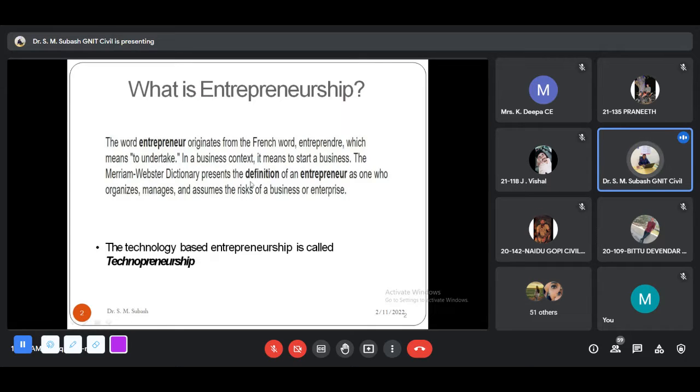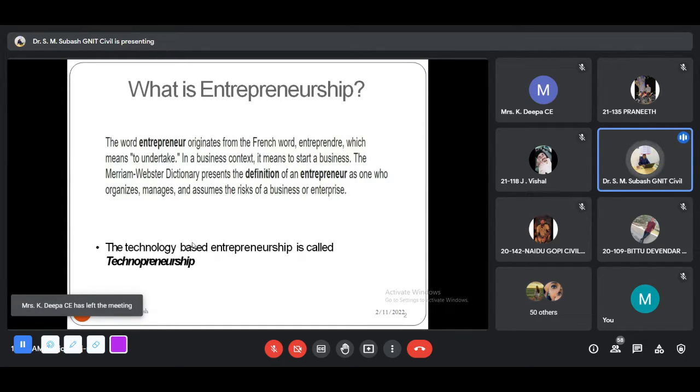So this risk is a common word which is meant to be the important word for an entrepreneur. Okay, and the earliest layer of 2000, the word came that is called technopreneurship. So the technology-based entrepreneurship is called technopreneurship. For example, the companies like Google, Microsoft, they are doing some technology.